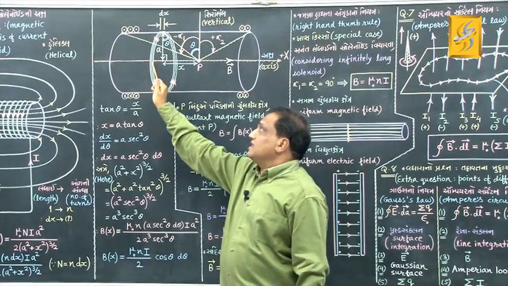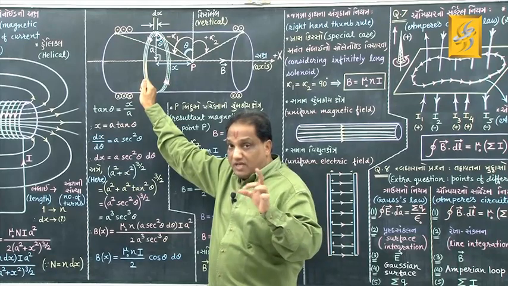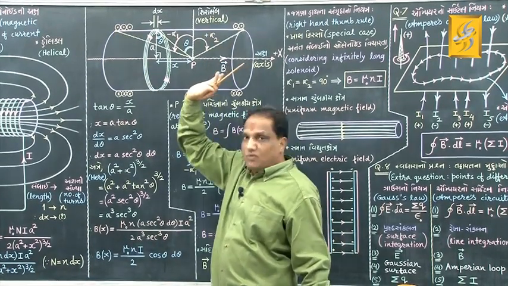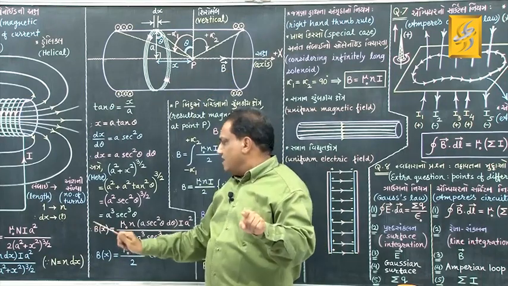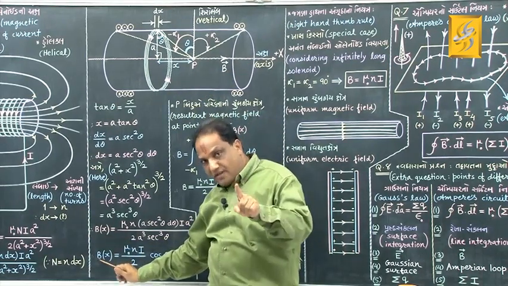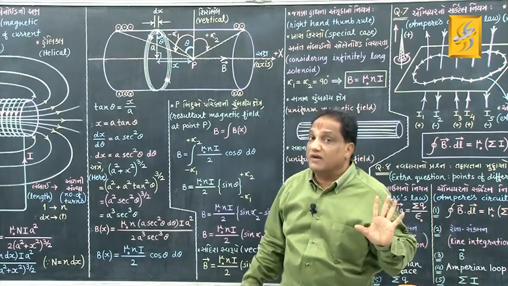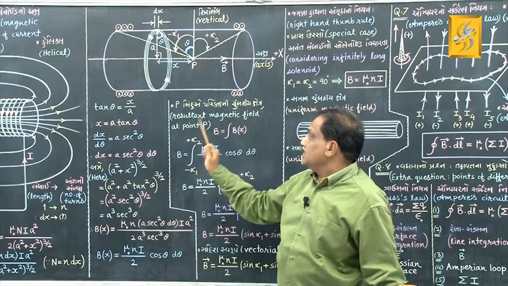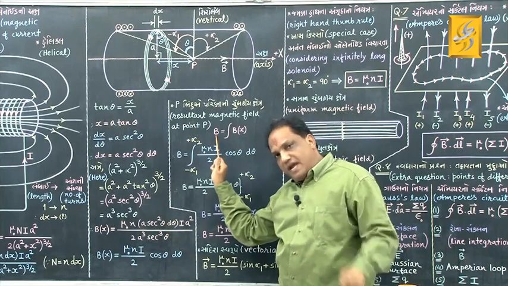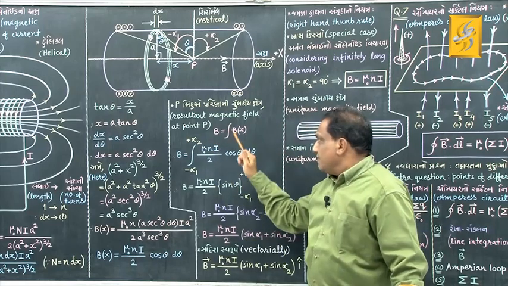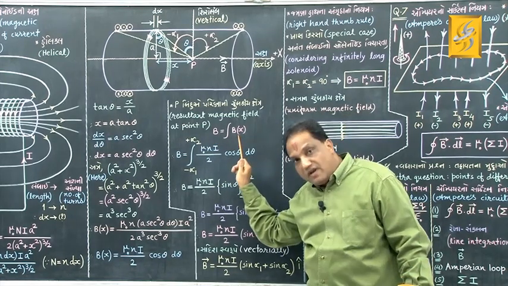You can think of such many continuously arranged rings right from left end to the right end, okay? And each time you can find out such partial value of magnetic field, and then after you are going to take vector addition of those partial magnetic fields. Naturally you will get resultant magnetic field, correct? At point P, let it be capital B, which is nothing but summation of partial values of magnetic field.